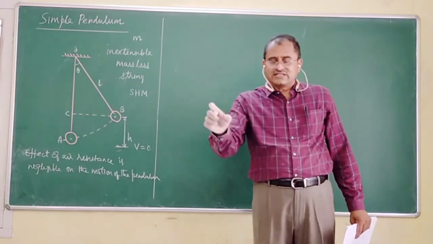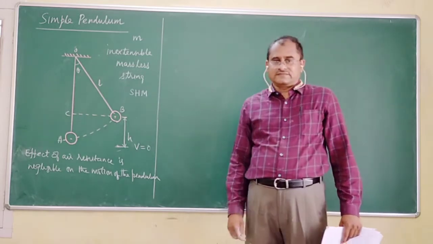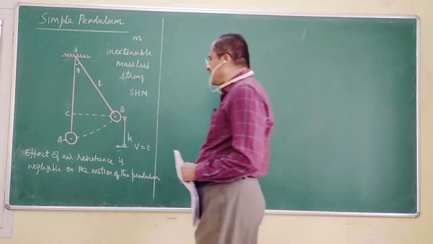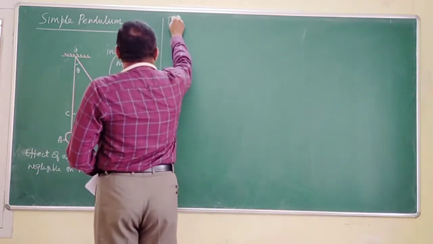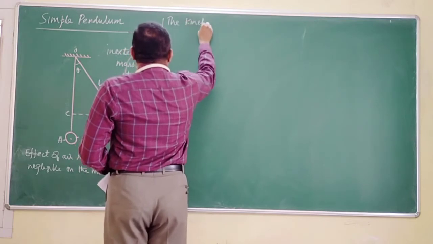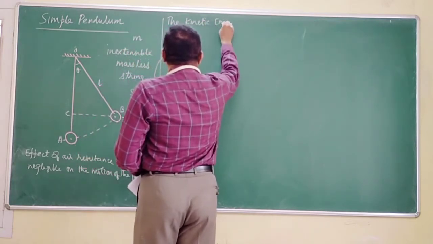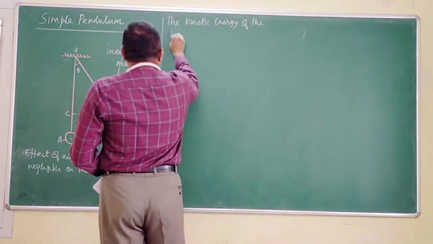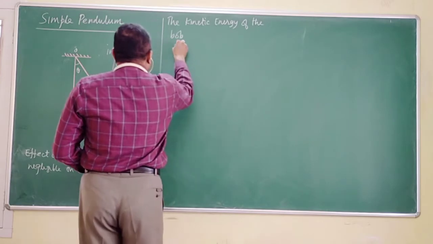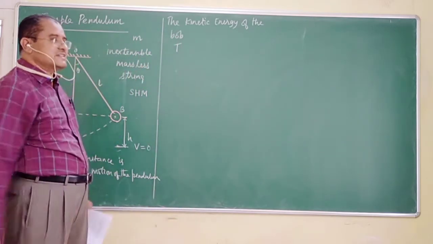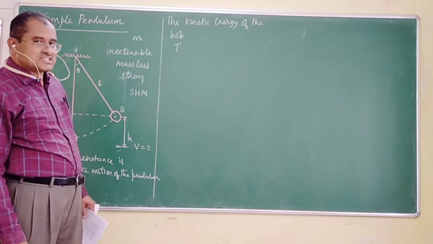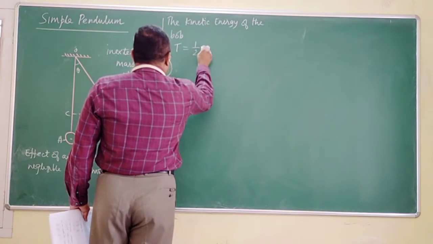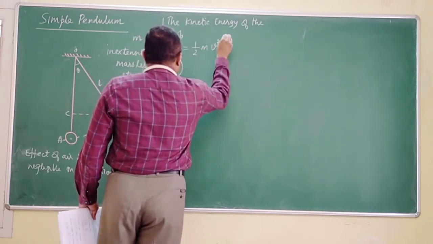Common knowledge: when it keeps oscillating, it will certainly have kinetic energy. Therefore I write the kinetic energy of the ball. I am denoting kinetic energy as T because in my previous derivation for Lagrange's equation I denoted kinetic energy as T. Therefore I write it as half mv squared.